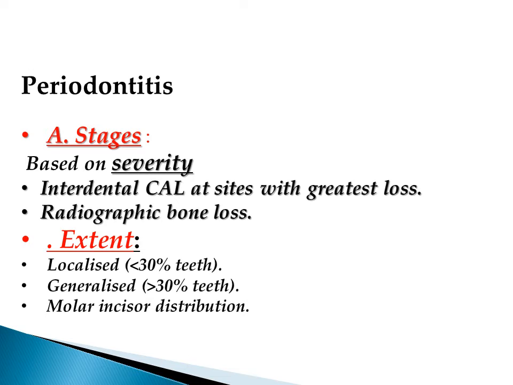We examine all the teeth and record the sites that involve attachment loss. Then we calculate the percentage of affected sites. If it is less than 30%, we can say it is localized, while in case of equal to or more than 30%, it means that the condition is generalized.